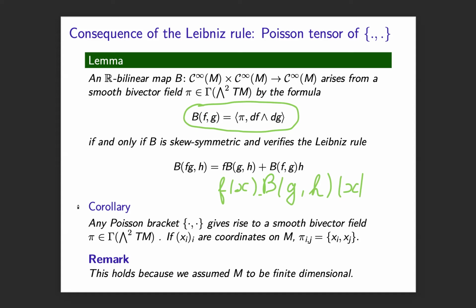And as a corollary, any Poisson bracket gives rise to a smooth bivector field pi. What does it mean in coordinates? It means that if xi are coordinates on M, the coefficients of this bivector field are given by the Poisson bracket of the coordinates. This holds because we assumed M to be finite dimensional.